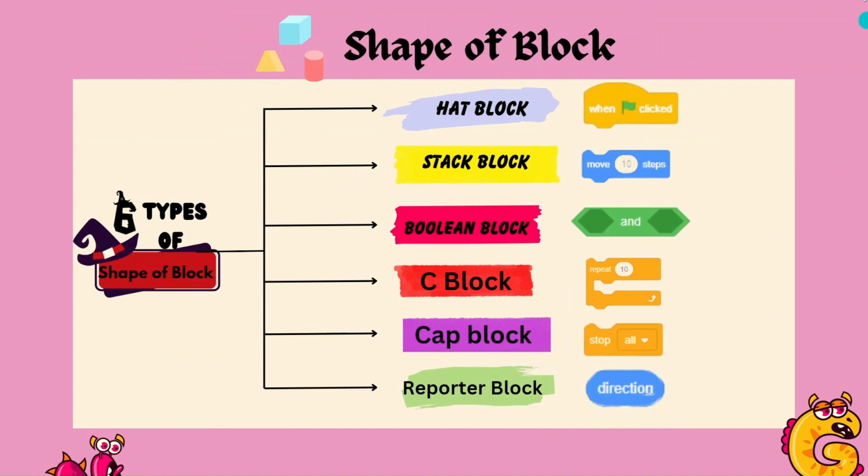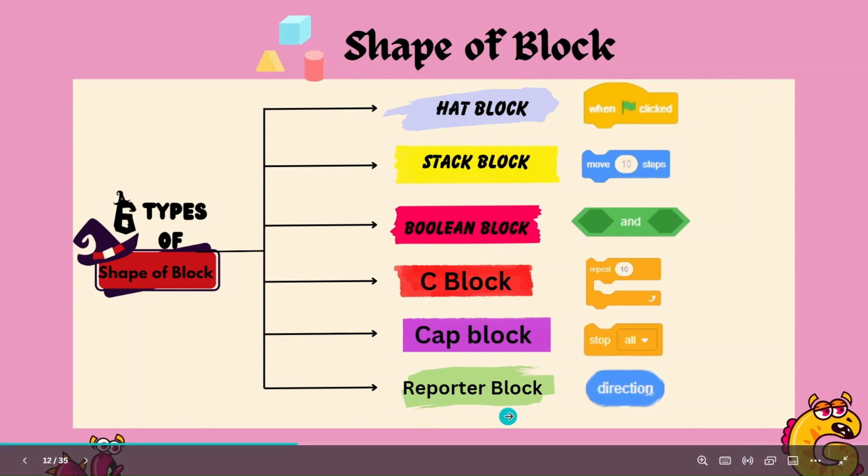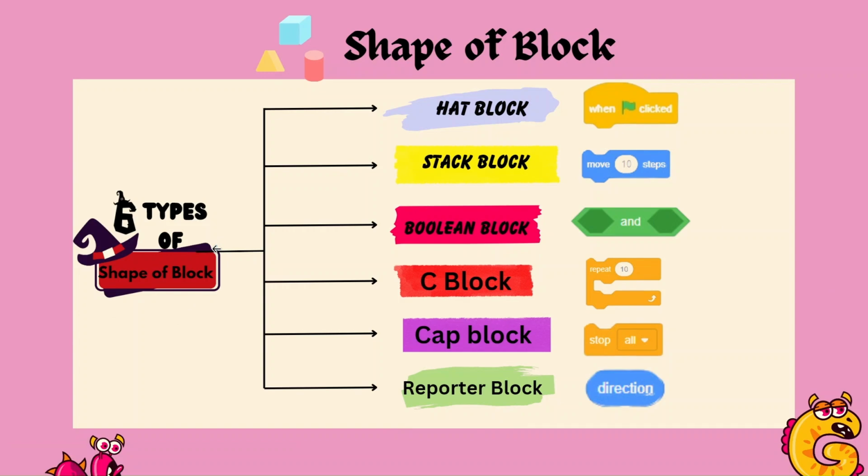As you can see, different kinds of blocks have different shapes, and as per their shapes, they have been given different names. As such, hat blocks, you can see this upper side looks somewhat like a hat. Then stack block, boolean block, C block, cap block and reporter block. So basically there are 6 types of block shapes.